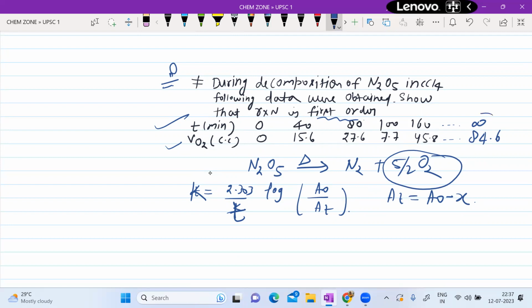See, t infinite means the reaction goes to completion, and you know that the reaction gets complete when all A naught gets converted into O2. So it is the initial amount of N2O5 which is given to you. So A naught will be 84.6. Now consider experiment 1.